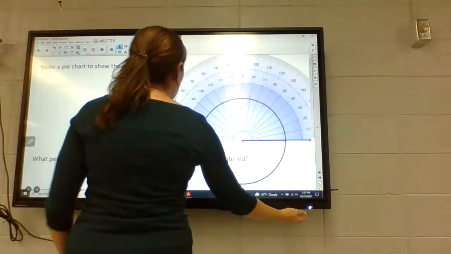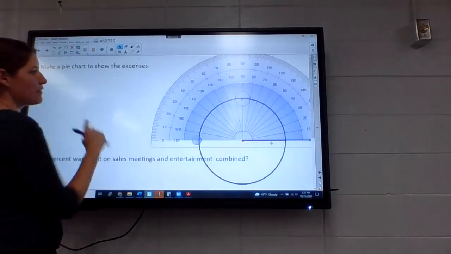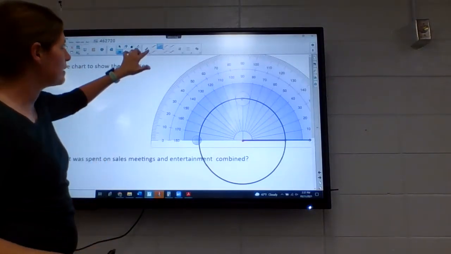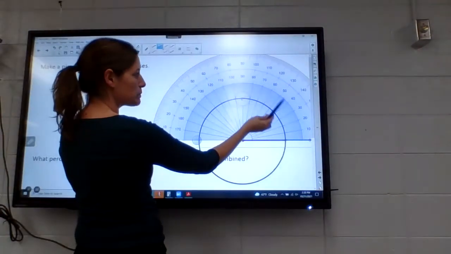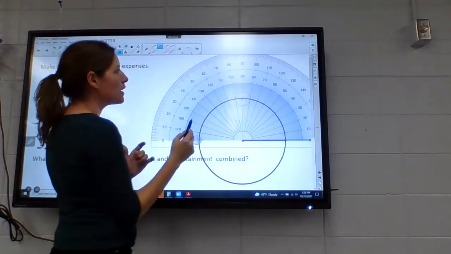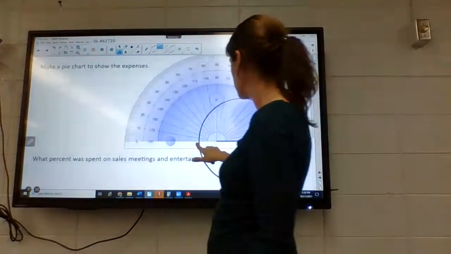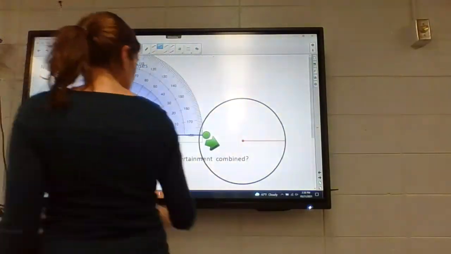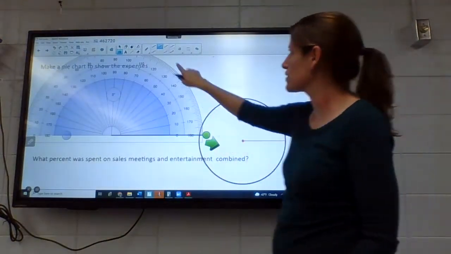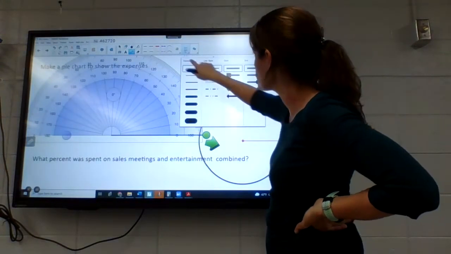Okay, so 108 degrees. So now again, I should be over here if you haven't drawn your little line yet. 108 goes past 90. I'm going to put a dot somewhere up here. When I do that, I can just connect those two together, to the outside of the circle. So I'm going to draw my line now, connecting those two.